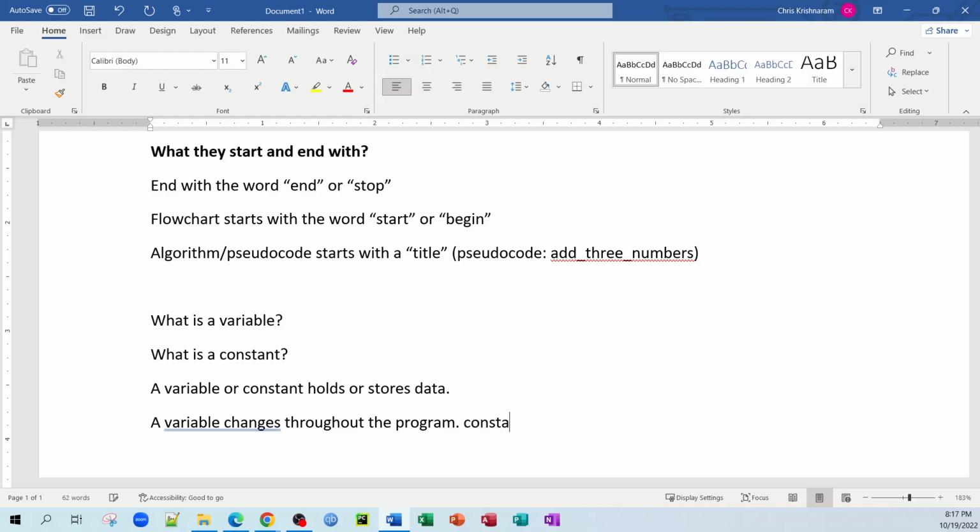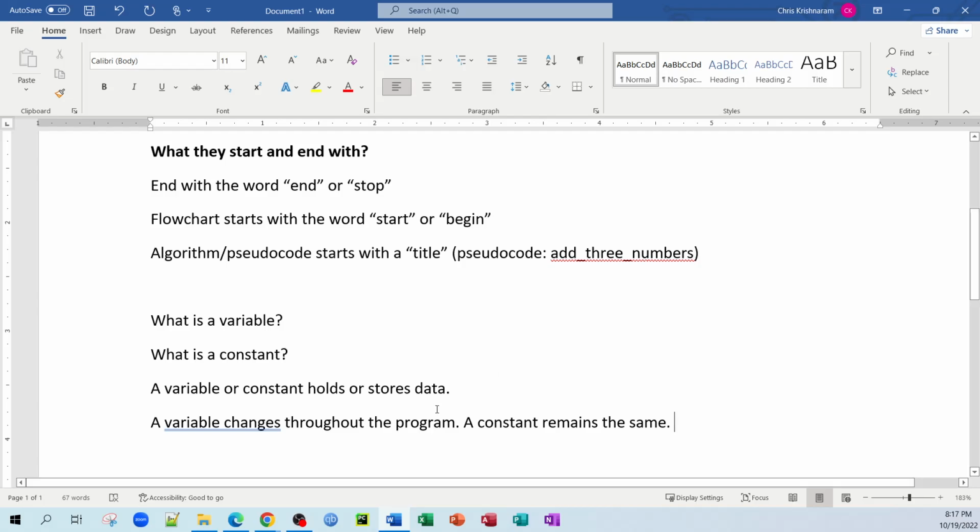And a constant remains the same. A variable, that's supposed to be changes, plural. Variables change. Variable is one. Anyway. So that's the difference there between the two.